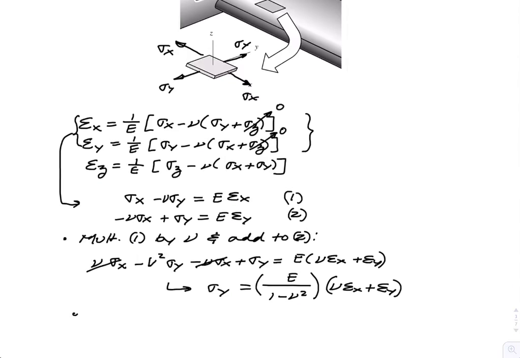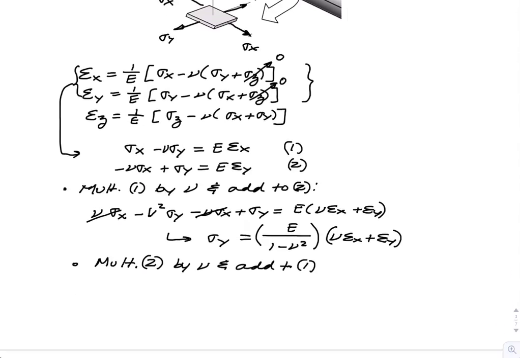Second equation, we do somewhat the same thing, but a slightly different step here. I want to get rid of sigma y, so what I do is I multiply equation 2 by nu, and I add to 1. So in that case, what I have here is sigma x minus nu squared sigma x.